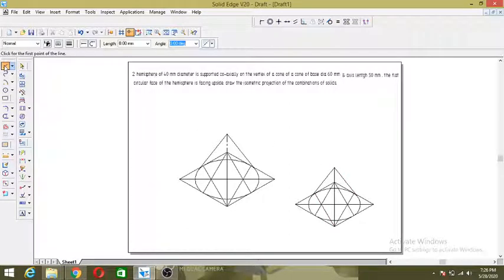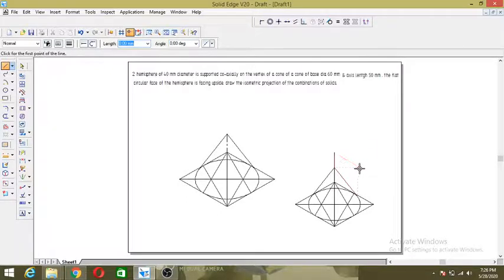What is the height of this? What we can do here itself, we can construct it. The diameter of this hemisphere is 40 mm, right? So the radius is 20 from here, the height is 20. 20 into 0.816, enter, at an angle 90.